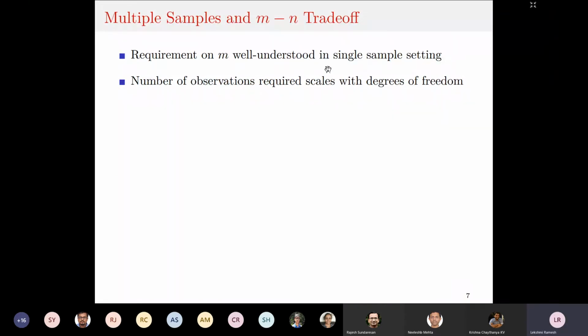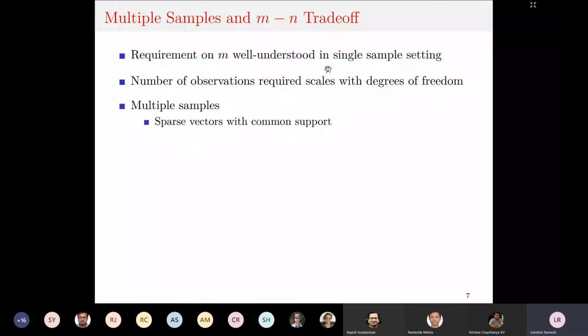But what happens in the case of multiple samples? In this case, you could have multiple sparse vectors, all of them having a common support like we saw in the first problem, or they could have changing support across samples. You could have matrices with some kind of evolving low ranks, and this type of problem comes up, let's say, in video background modeling.